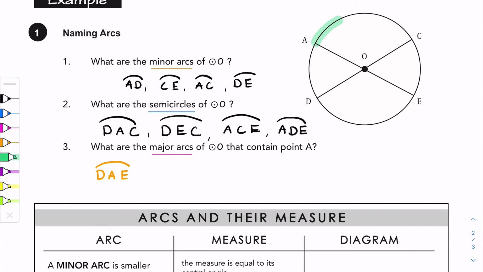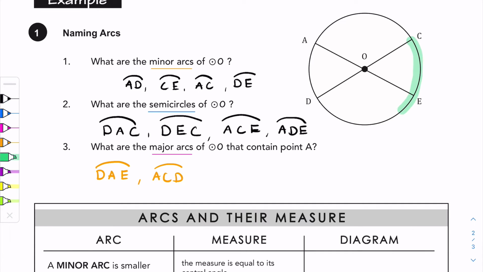I see that I have this semicircle. So ACE is how I'm going to name that. I just said semicircle, sorry, major arc. ACD. I used endpoint A, extra point C, endpoint D. I'm going to keep working around my circle.